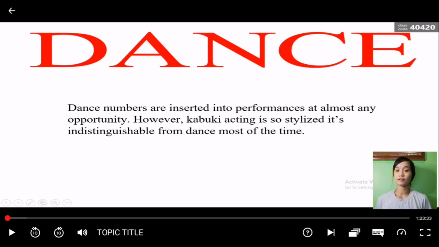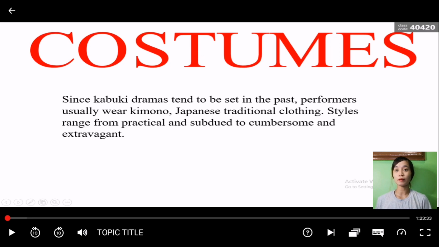The next one is costumes. Since kabuki dramas tend to be set in the past, performers usually wear kimono, Japanese traditional clothing. Styles range from practical and subdued to cumbersome and extravagant.